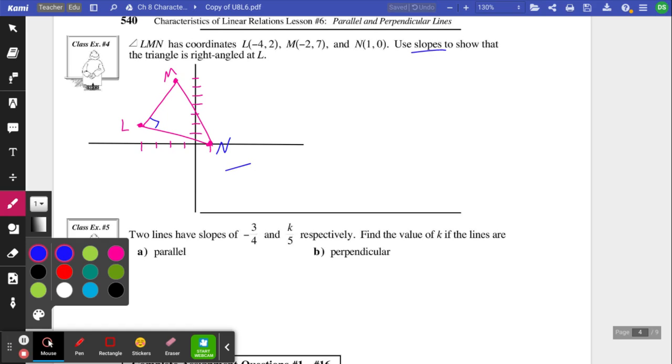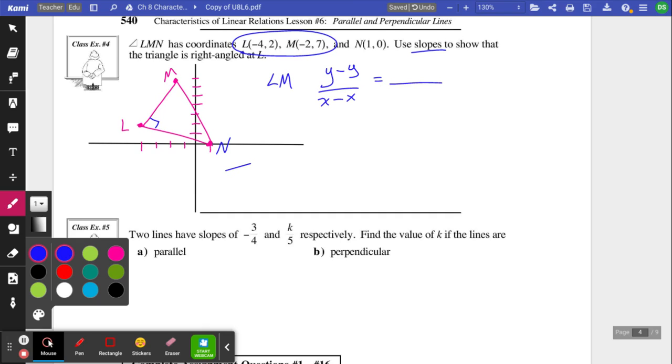How do you find slope, Ben? Y minus Y over X minus X. There you go. Okay, so I'm going to find the slope of LM. How do we start that, Joey? This is LM. So for the top it'd be 7.